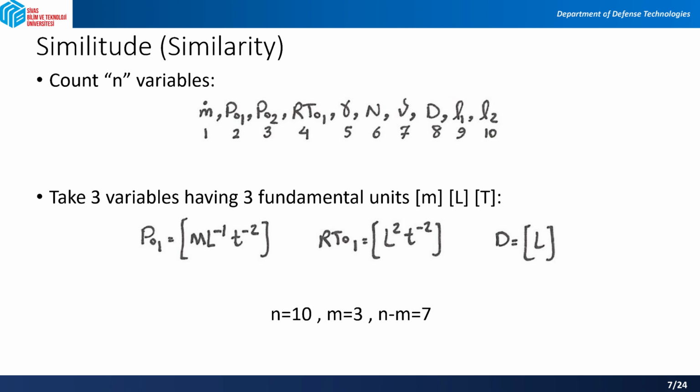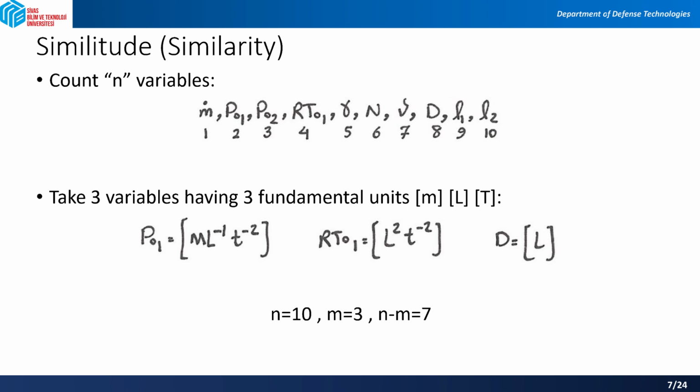And you have to take 3 variables having 3 fundamental units, because you just have mass, length, and time. So you take 3 variables. For example, right now we take pressure that has all these 3 inside.